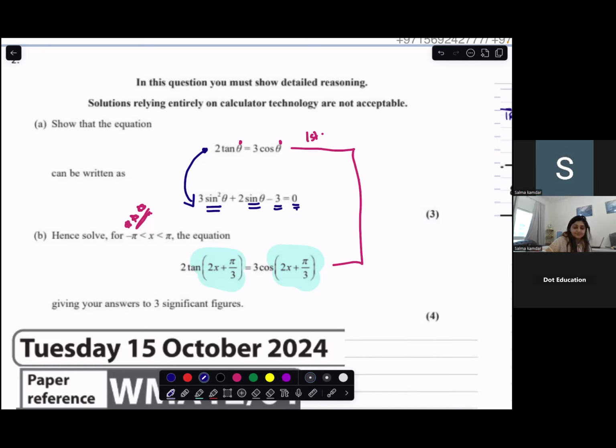Is it? Okay. That means it is in the form of 3x square plus 2x minus 3 is equal to 0. Yeah. So can I say it is a quadratic? Okay. So roots of this equation could also be the roots of this equation.